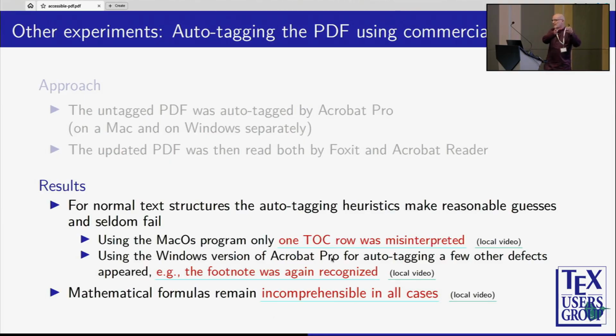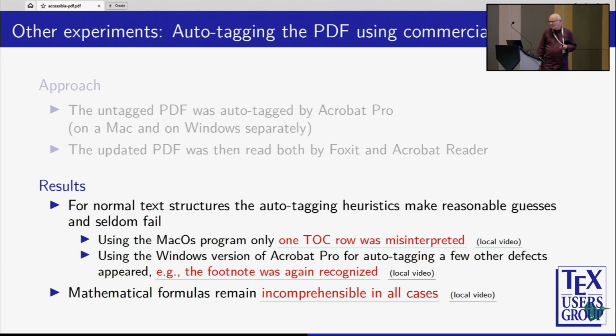Is this something separated, or is this just an ordinary word space? So a lot of those things go wrong. It was interesting, there were differences in the program, both from Acrobat Pro when it was done with Mac OS and when it was done with Windows.